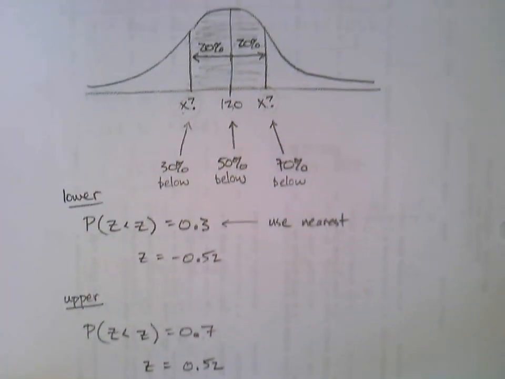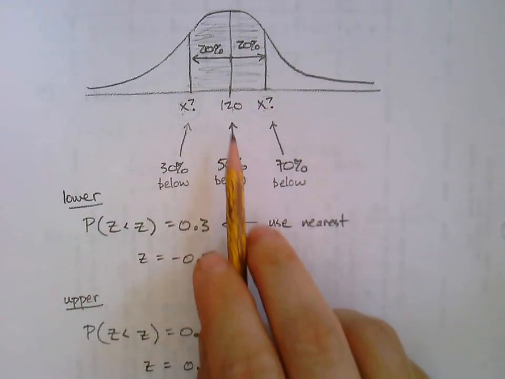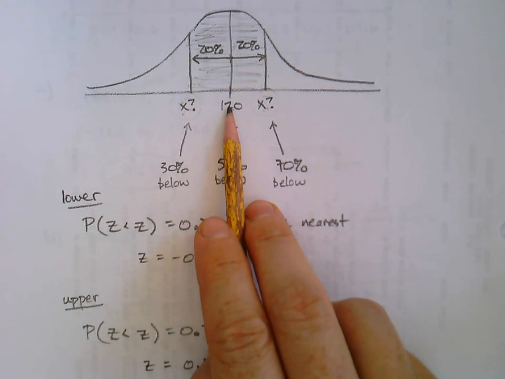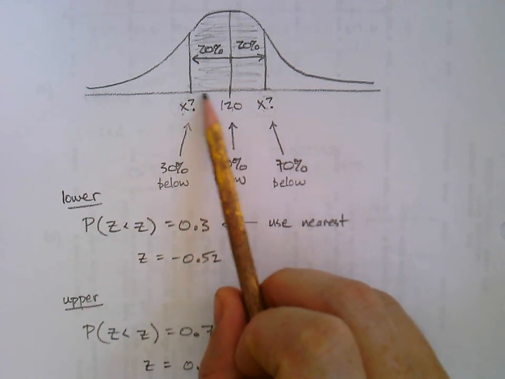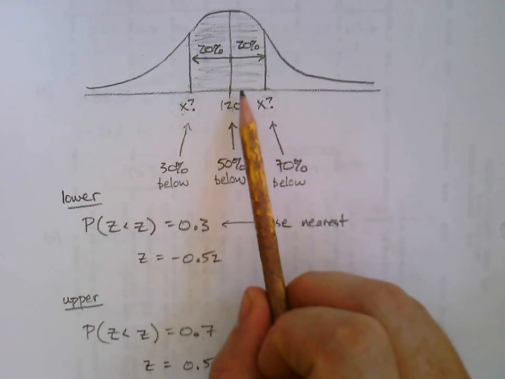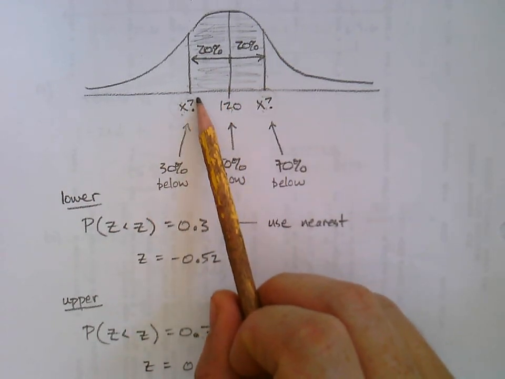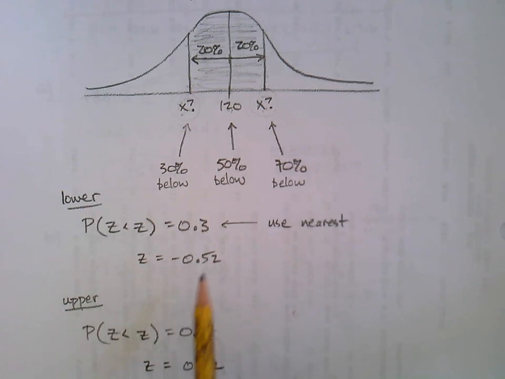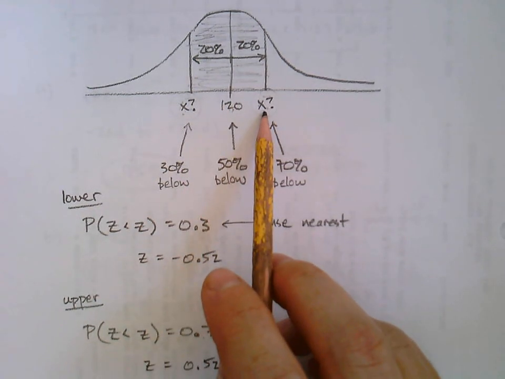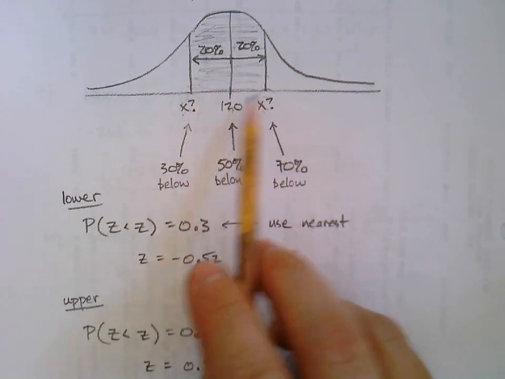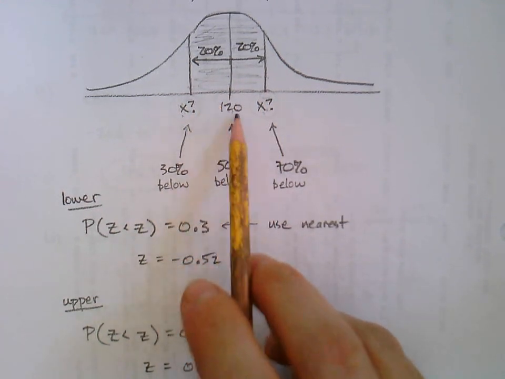Why? Because it's symmetrical. At the middle, that's z equals 0. So if you move 20% this way, or 20% this way, it should be the same distance as far as z-scores go. So if this is negative 0.52, this will be positive 0.52 because it's symmetrical around z equals 0.